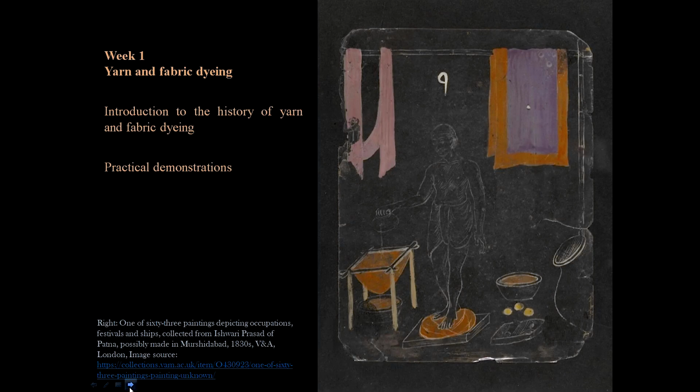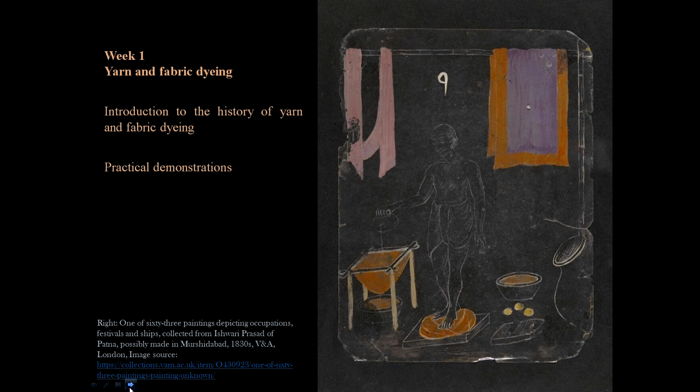Presumably this is a dyer's workshop, and it is one of 63 paintings depicting occupations, festivals and ships. It was collected from Ishwari Prasad of Patna in the 1940s or 1950s, and now it is in the collection of the Victoria and Albert Museum in London.